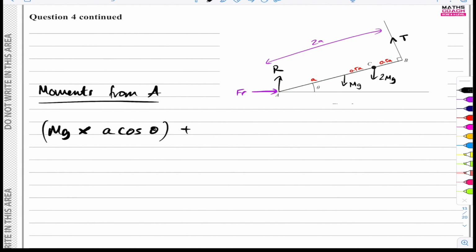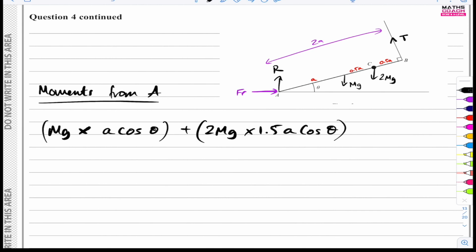So it's going to be a cos theta. That's one. Plus the other one, so 2mg. Once again, 2mg is my force and the perpendicular distance to where I'm taking my moment from. So I need an expression for this side. That's going to be 1.5a cos theta. So it's going to be 2mg times by 1.5a cos theta.